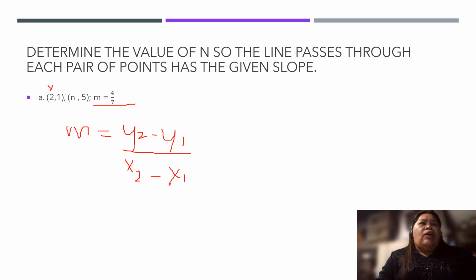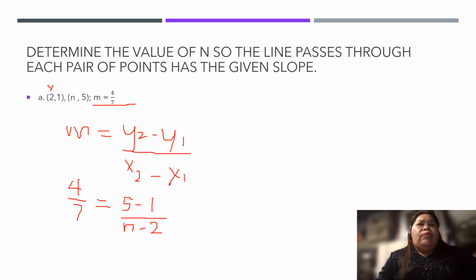Since our m is 4 over 7, let's write that. Of course, our x is missing, so that's n minus 2. Our y is 5 minus 1 over n minus 2.